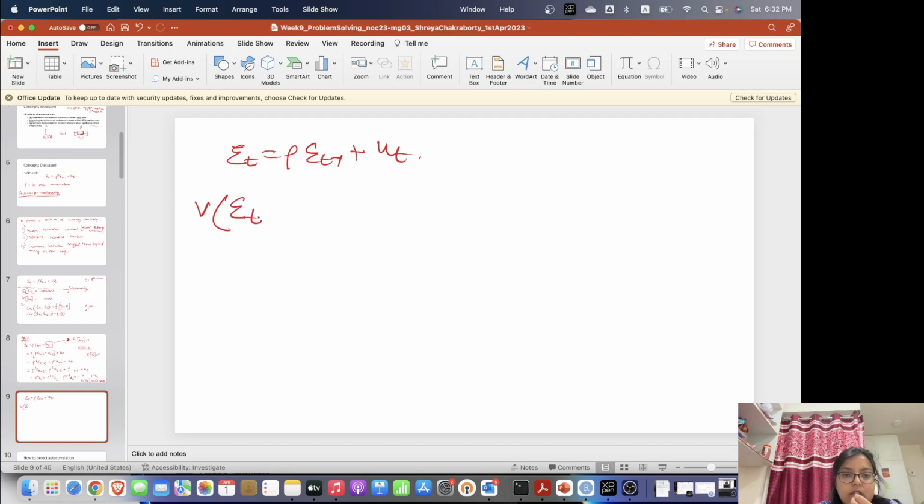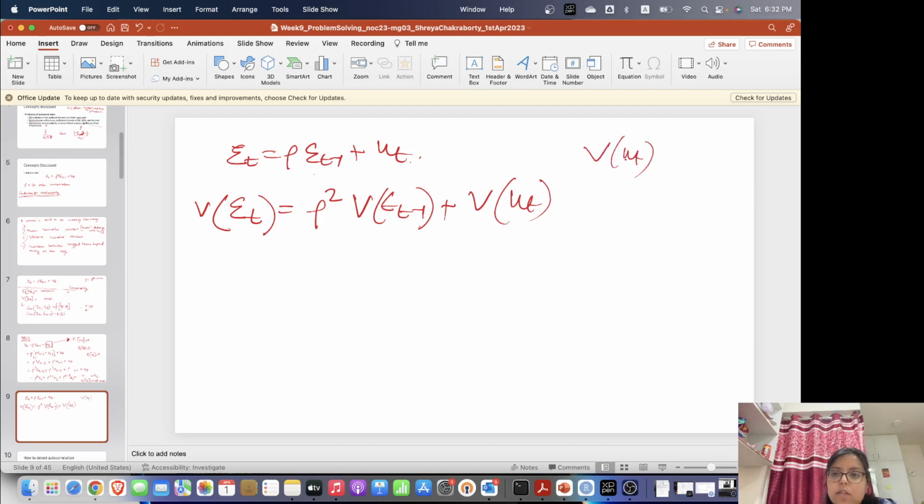So variance of epsilon t we will write as rho square variance of epsilon t minus 1 plus variance of ut, and we also assume that this one and this one are uncorrelated, so there is no covariance term between them. So now variance of ut, as we had assumed, was sigma u square.